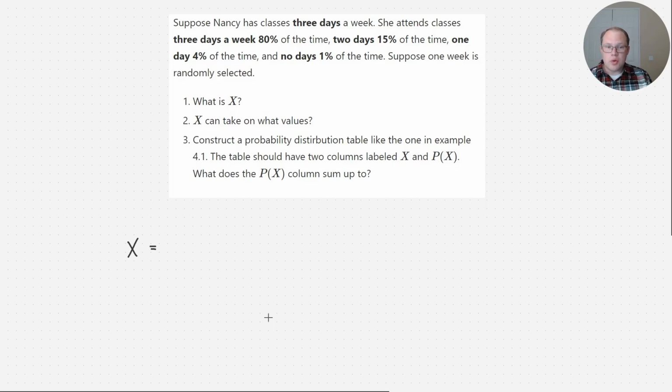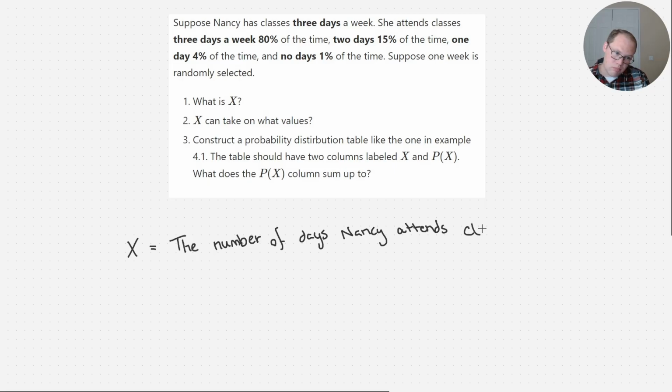So in this case, x is the number of days that Nancy attends class in a week. Okay, so that's number 1. That's just what x is actually describing.